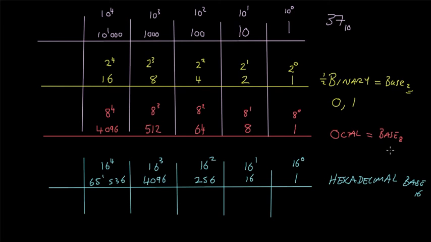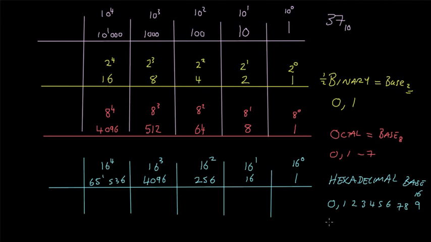And what I didn't say earlier, for base 8 there are 8 unique characters, which are 0 and 1 to 7. For hexadecimal there are 16 unique characters, which are 0, I'll write all these down, 1, 2, 3, 4, 5, 6, 7, 8, 9.